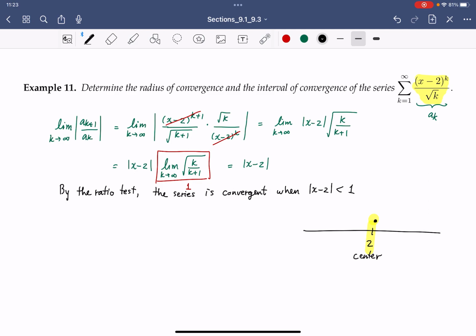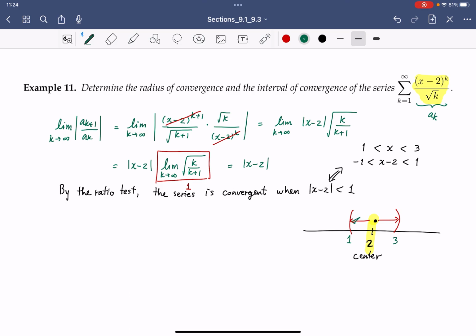Now |x minus 2| less than 1 is the same thing as x minus 2 in between negative 1 and 1, which is the same as x in between 1 and 3. So the center is at 2, the radius is 1, and you extend the radius to get 1 and 3.